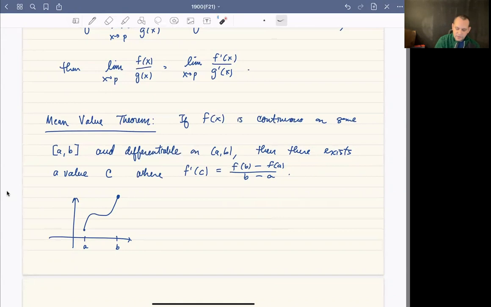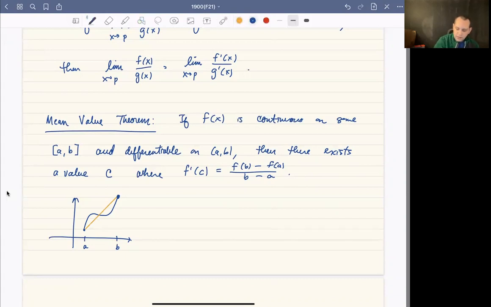There's no making sense of the derivative at that point if you can't continue it. But what this says is that if you were to look at this quantity, f of b minus f of a over b minus a, that's going to be the slope of the secant line. The secant line is the line connecting those 2 points. And so what this says is that there's got to be a point in between.